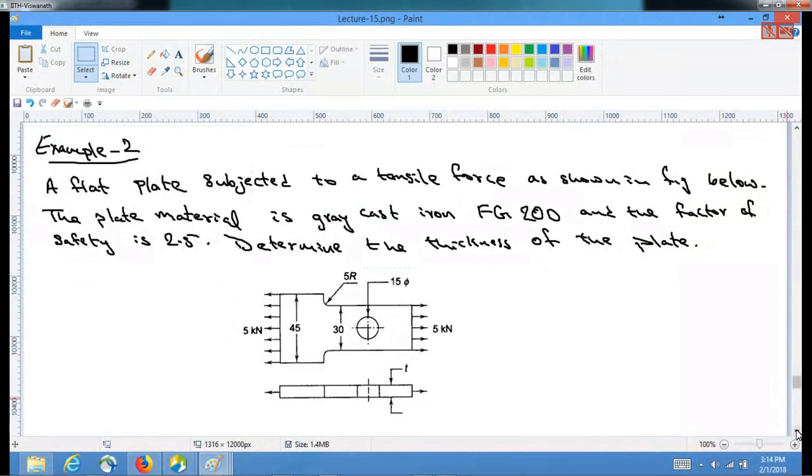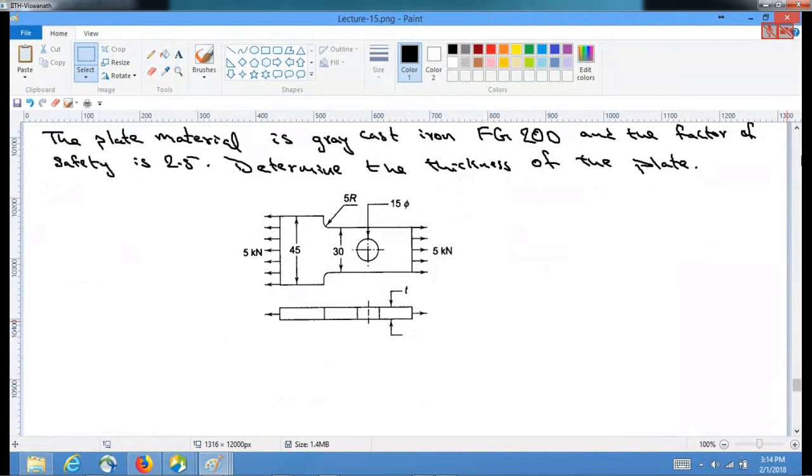So this is the problem that we want to solve.